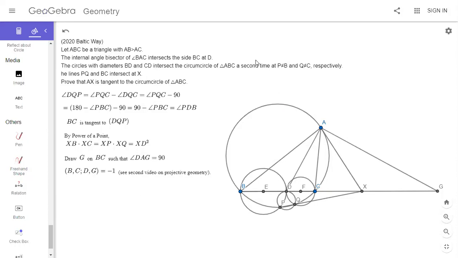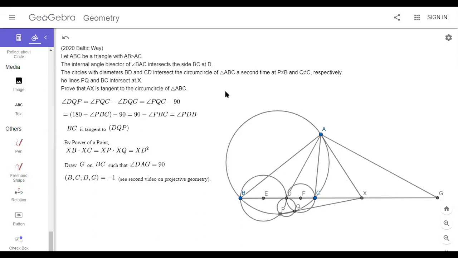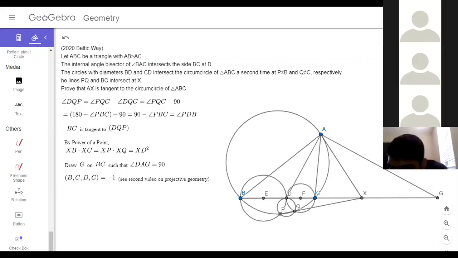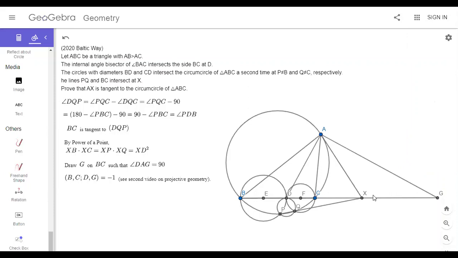Let me check the chat again. Is there a quicker way to show that X is the midpoint of BG that's not algebraic? Let's think.